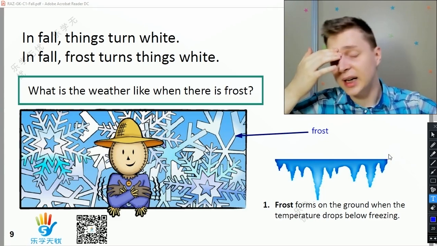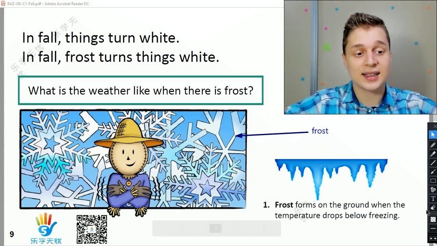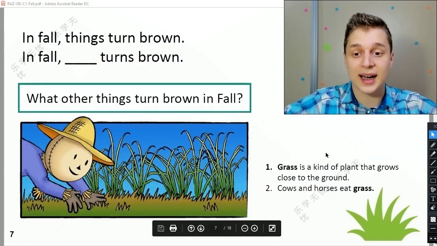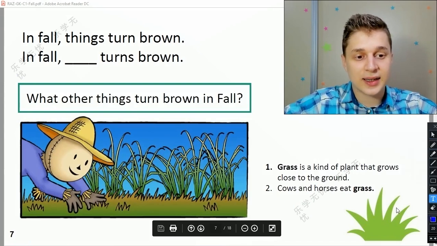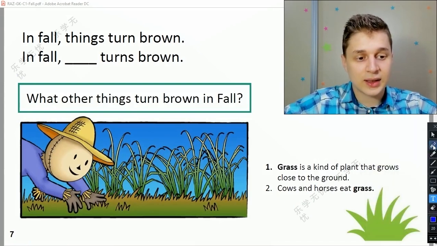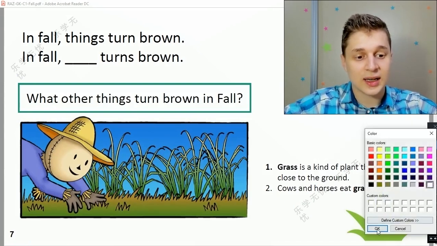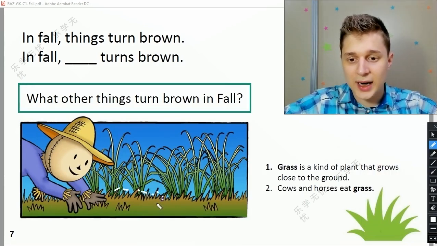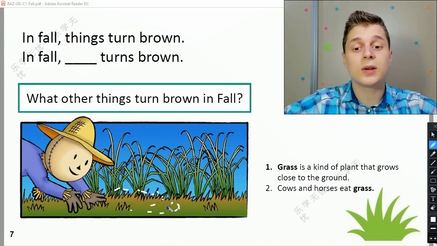For example, if you have lots of grass, but there is a very, very cold night. So what happens to this grass? Let's find the color. Let's use the color white, shall we? What happens is you can see little bits of white stuff all over the grass in the morning. This is called frost.